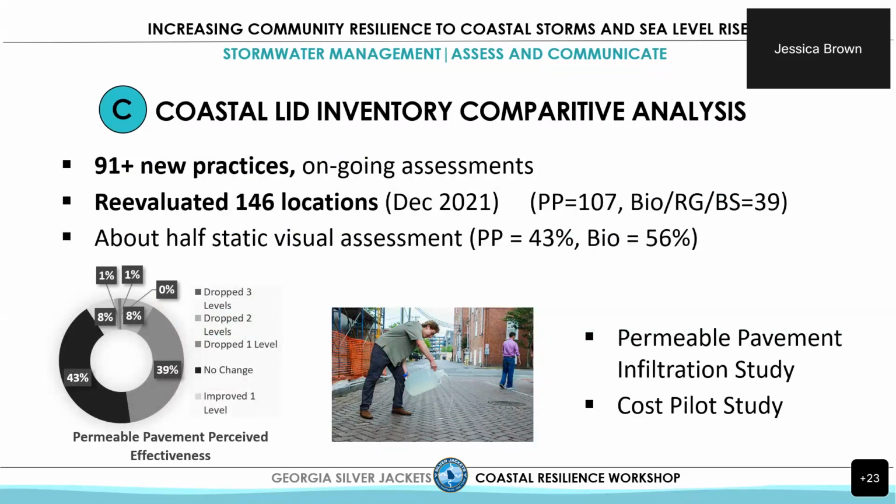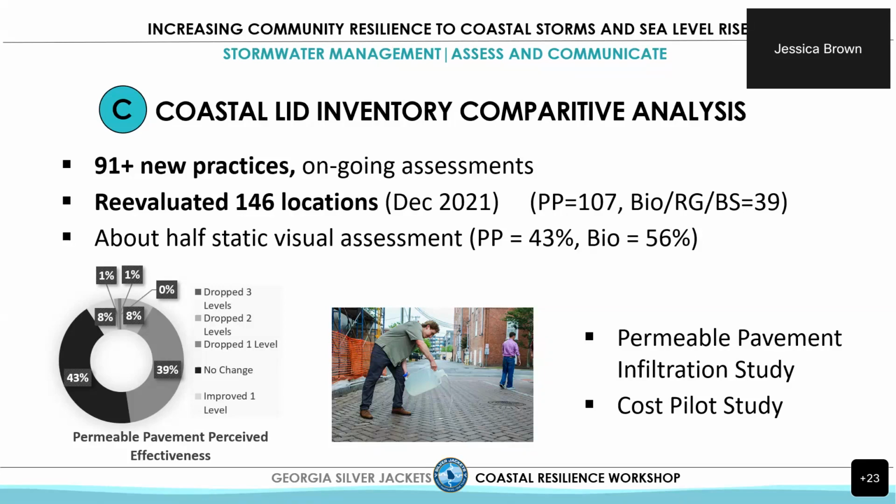We had reevaluated 146, which was about half of the total anticipated sites, and we noticed that about 43% were permeable pavement, 56% bioretention, rain gardens, and bioswales, pulled together. In those assessments, the perceived effectiveness, again that visual assessment, had remained static.